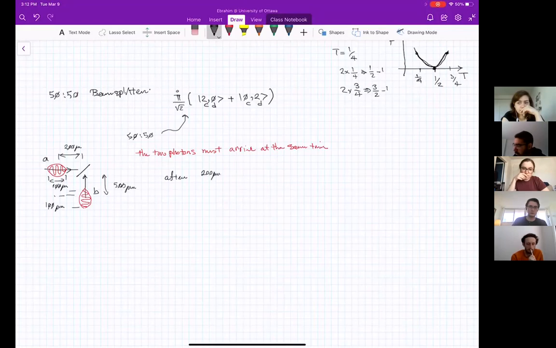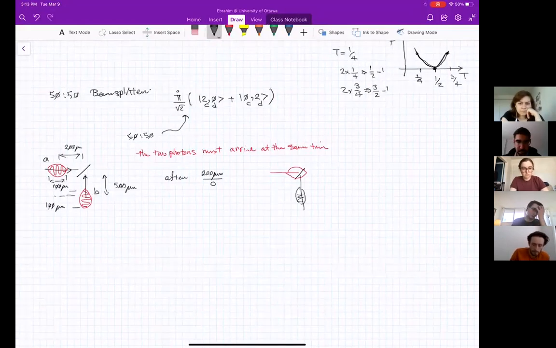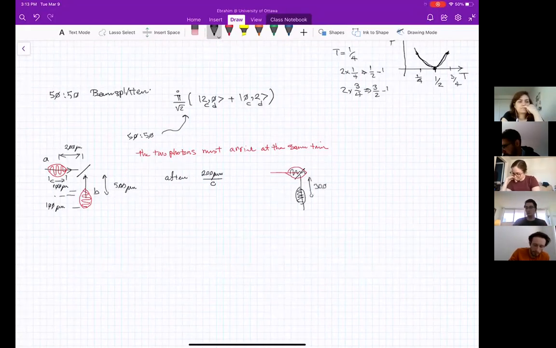after the time of 200 micrometer divided by c, photon A is here. And at that time, photon B is here, which is still 300 micrometers away. Then the beam splitter does its job.